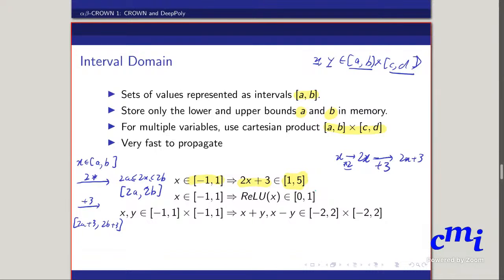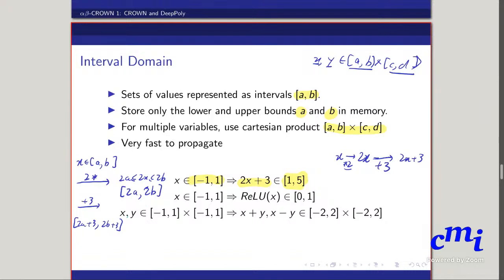So for -1 to 0, it will be giving 0, and from 0 to 1, it will be giving 1. So for negative values, the range will be from 0 to 1. Correct, exactly. This is basically what's going to happen.